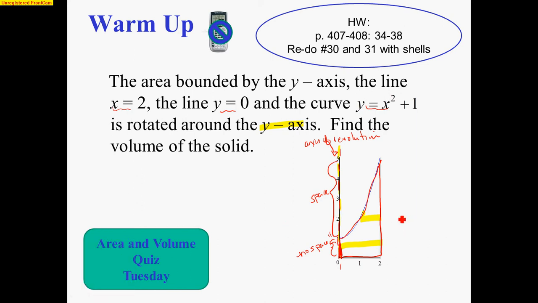But notice that both slices are perpendicular to the axis of revolution, right? Perpendicular to the axis of rotation. I'm sorry, revolution. The axis of revolution is vertical. My strips are horizontal.